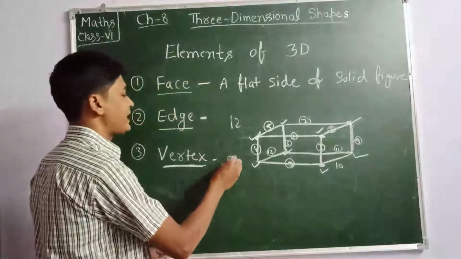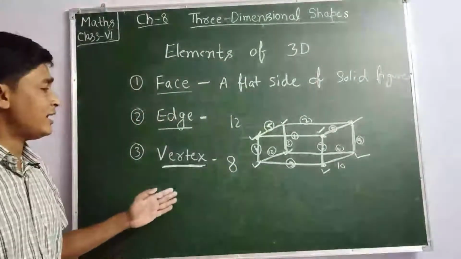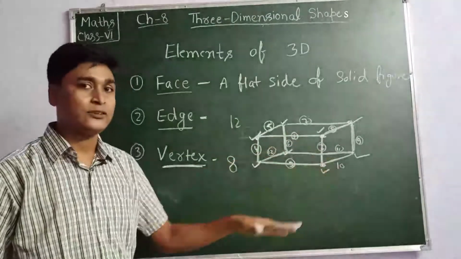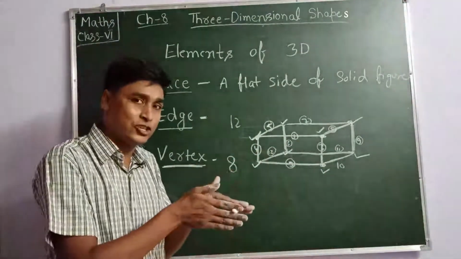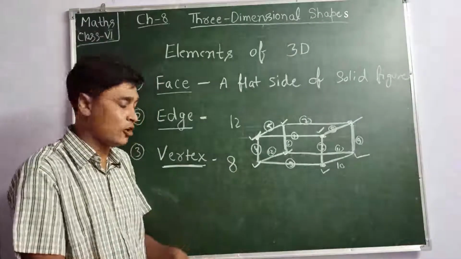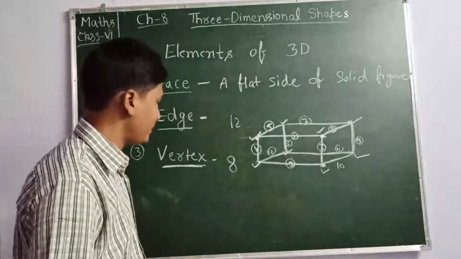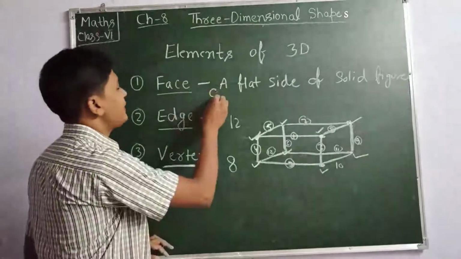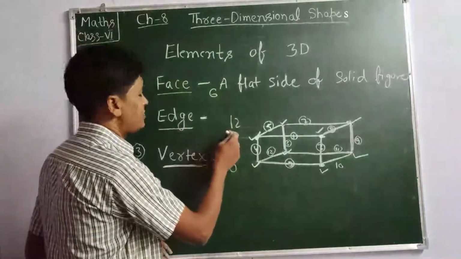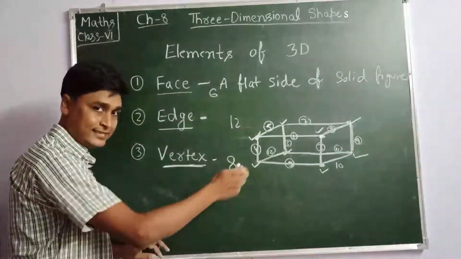How many vertices are there? There are 8 vertices in this figure. So this cuboid has 6 faces, 12 edges, and 8 vertices.